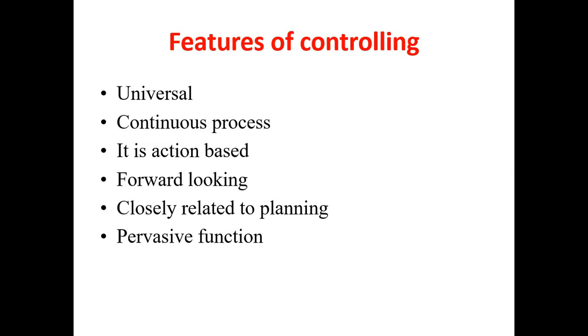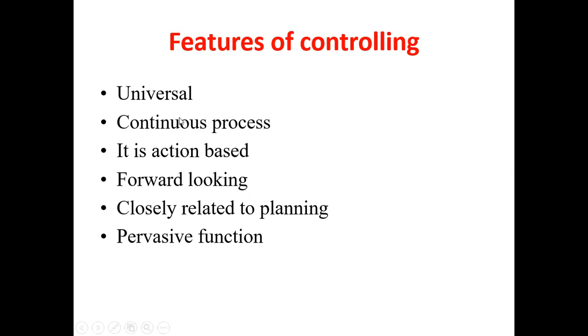So control is closely related to planning. The final one is that controlling is a pervasive function. It means it is performed by managers at all levels and in all types of concerns.